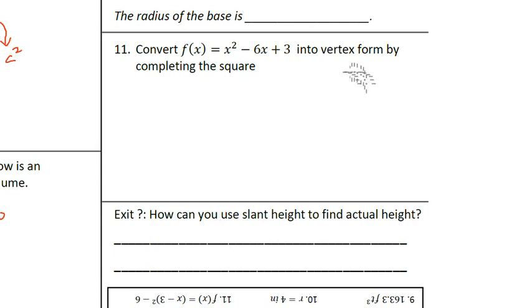You have to change this from standard form, which is what you see right here, to vertex form, which is what you see here. And complete the square does this for you.